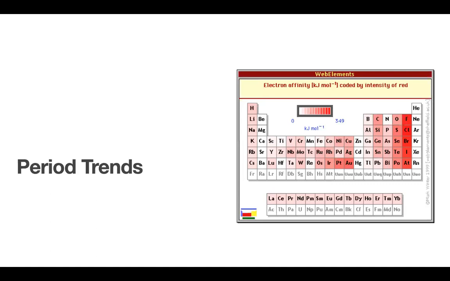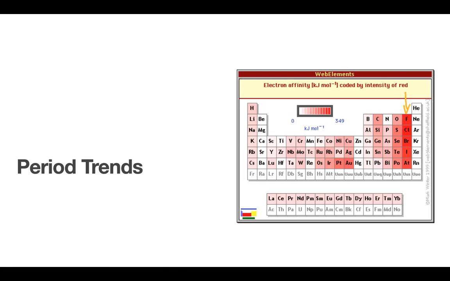So looking at period trends, again, we're going from left to right. Now you can see the shades of red get darker as you go towards the right-hand side. It's not a very clear pattern, but you do see that the halogens, which again is group 17, have the highest electron affinity because they are exactly 1 electron away from being quote unquote perfect when it comes to electron configuration, like the noble gases.